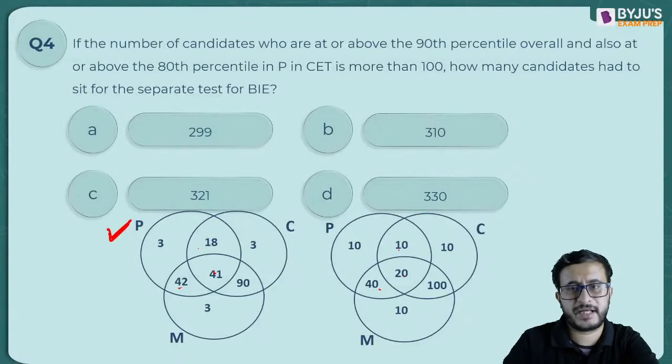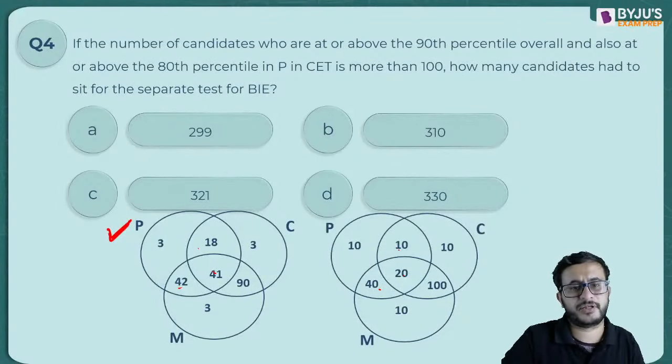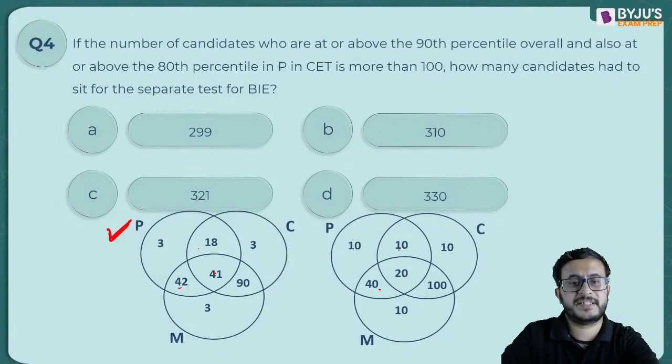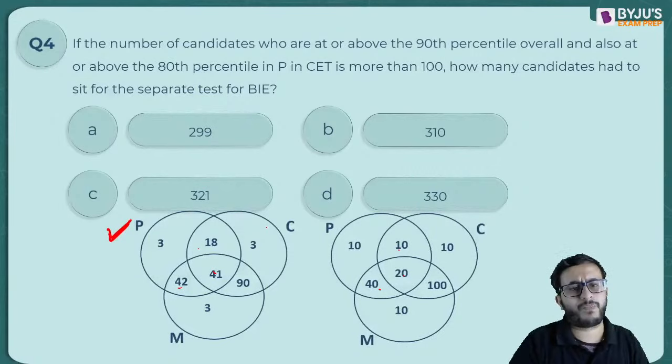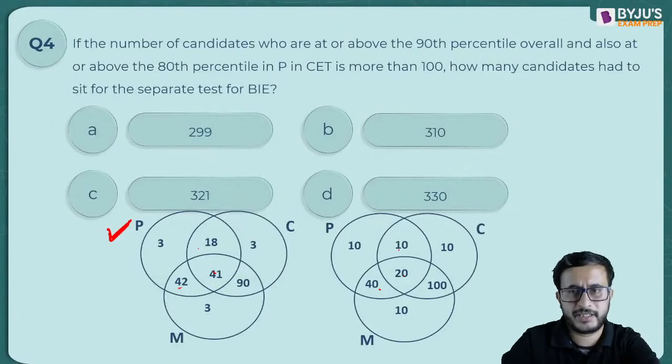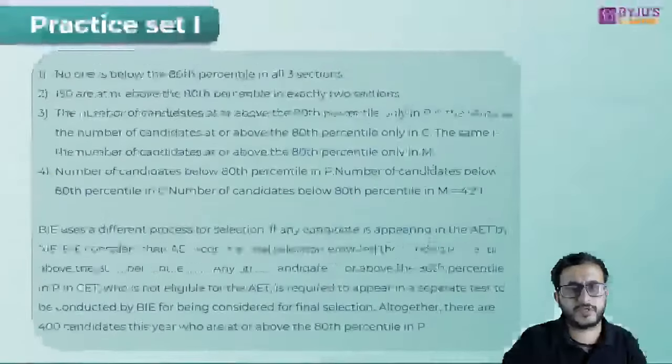Okay, so it said that those candidates who had a separate test for BIE are basically the ones who... one minute, let's read that condition again, so that we get it.